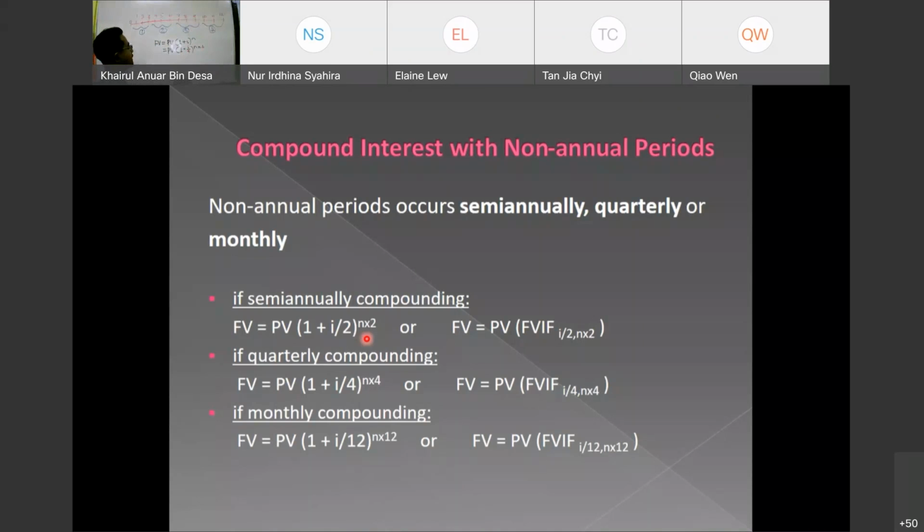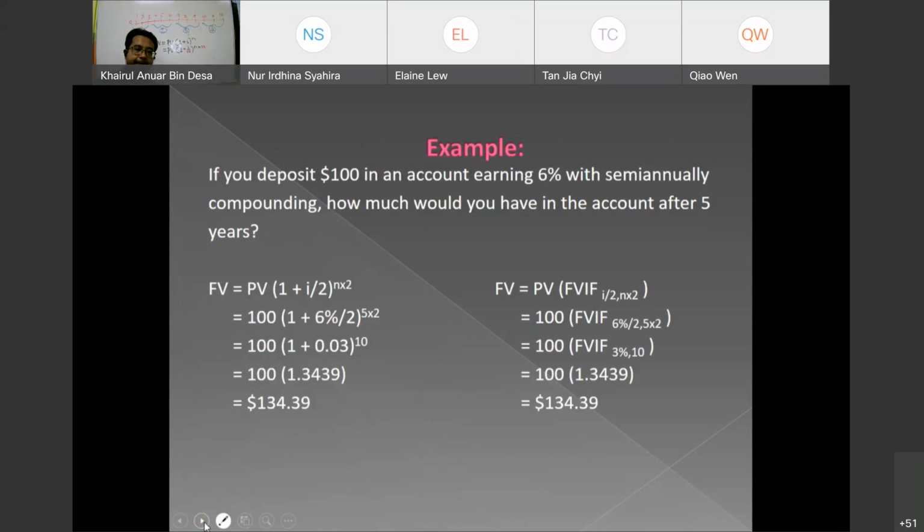Every month, I divided by 12 and n times 12. 12 kali dalam setahun. Okay, any question? Setakat itu dulu. Ada soalan? Can you follow me?